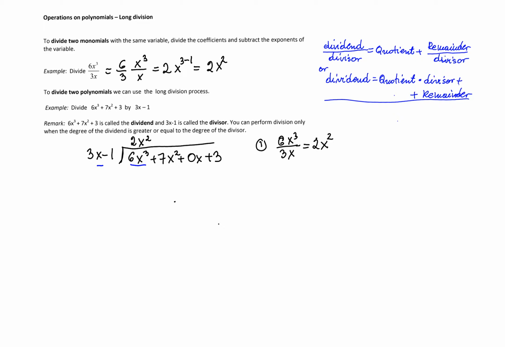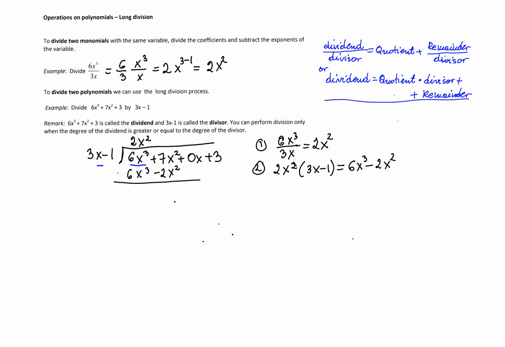The second step now is to multiply the result 2x squared by the divisor 3x minus 1. We'll get 6x cubed minus 2x squared. Now we'll subtract this polynomial from the original dividend, and we'll write it in a vertical way, in such a way that each term goes underneath the like term.